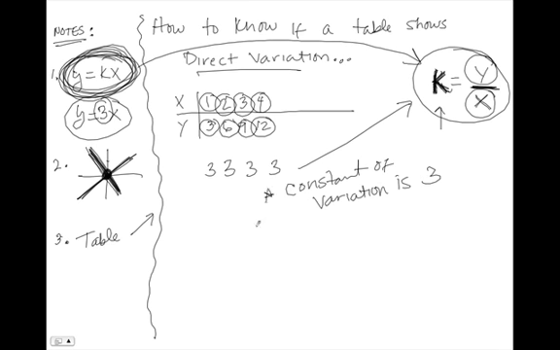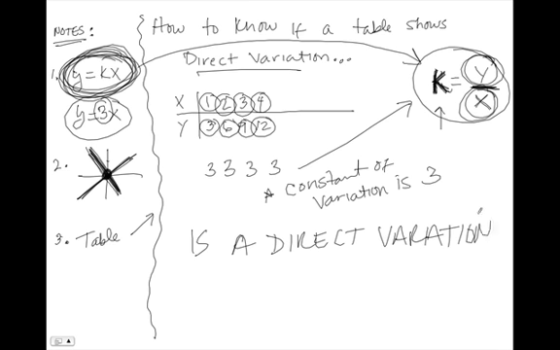Since it's constant, my y divided by x, that means this is a direct variation because that happened.